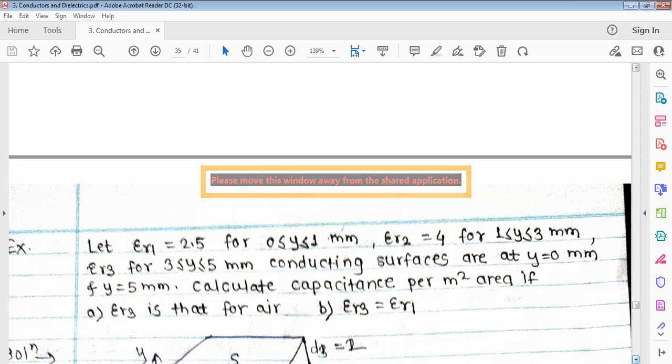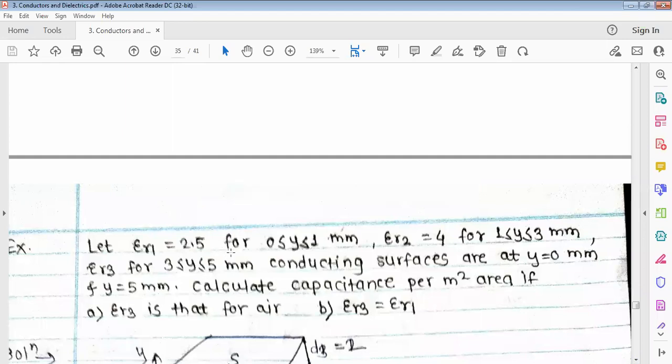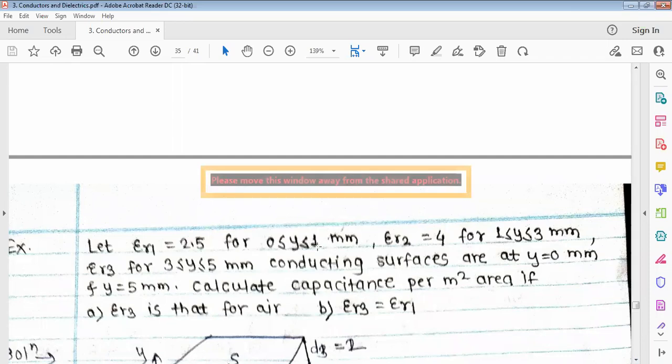Okay. So let this epsilon r1 be equal to 2.5 for 0 less than or equal to y less than or equal to 1 mm. Epsilon r2, all these are the permittivities. Epsilon r2 is equal to 4 for 1 less than or equal to y less than or equal to 3 mm. Okay, for 0 to 1 mm, what is epsilon r1? 2.5. For 1 to 3 mm, what is epsilon r2? 4.